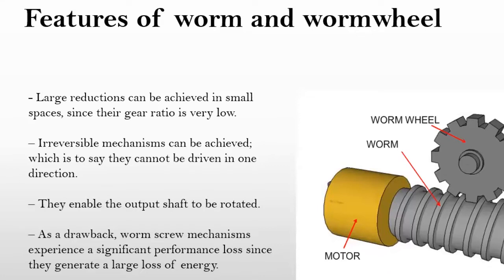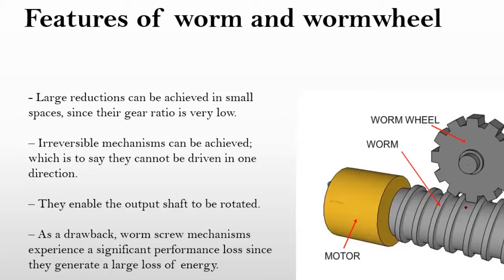The only drawback associated with this worm drive is a significant performance loss, generating a large loss of energy. When the worm and worm wheel mesh, heat is generated, and there is a lot of wear and tear.